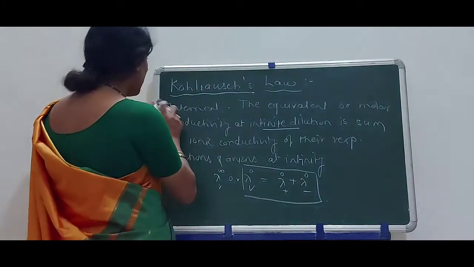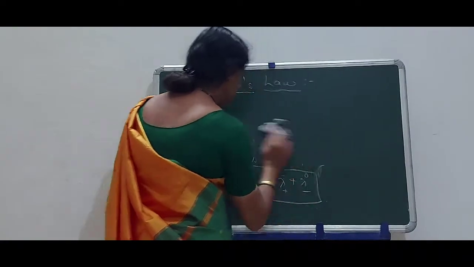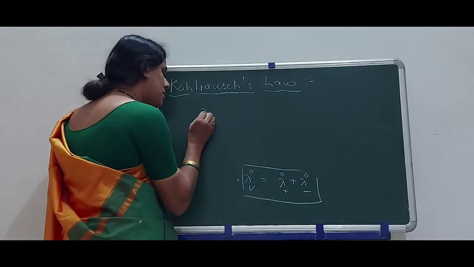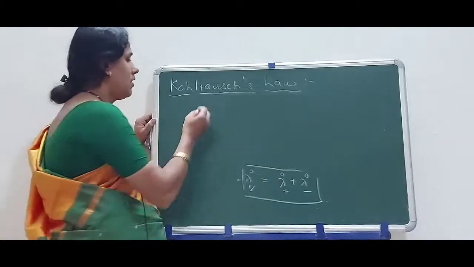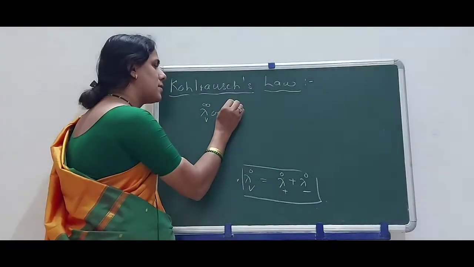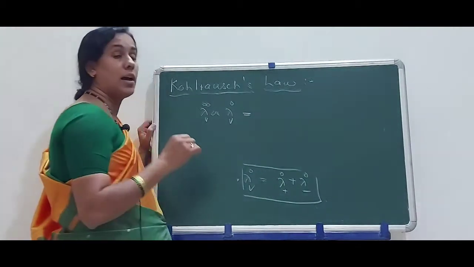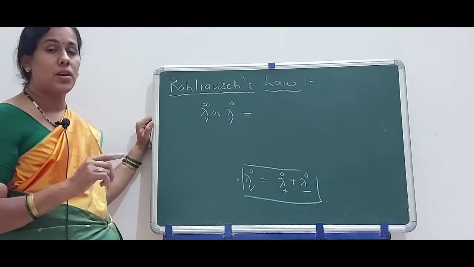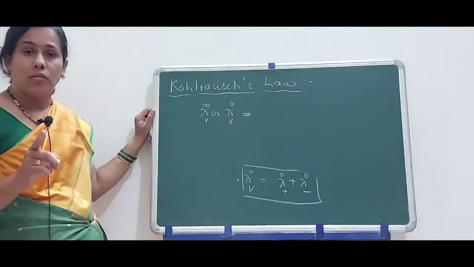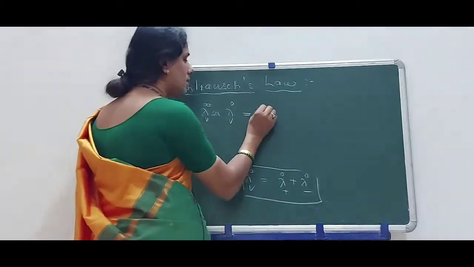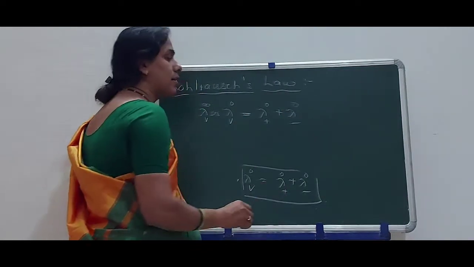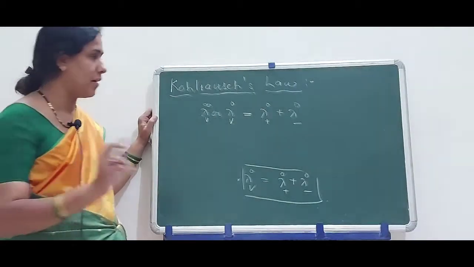Now, again I will write this. Equivalent conductivity, that is lambda v at infinity, or lambda v standard, is equal to the ionic conductivity of the electrolyte we have taken, that is lambda standard plus lambda standard of its cation and its anion, at infinity.